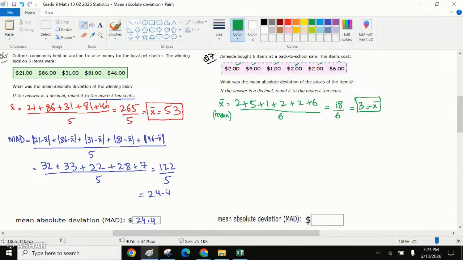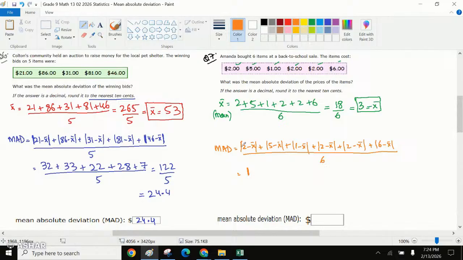Agreed? So now if we want to find the mean absolute deviation, that means 2 would subtract the mean with an absolute, 5 would subtract the mean with an absolute, 1 would subtract the mean with an absolute function, 2 minus the mean with an absolute, 2 minus the mean with an absolute, and 6 minus mean with the absolute divided by the number of values. Those were 6. 2 minus 3 is negative 1.